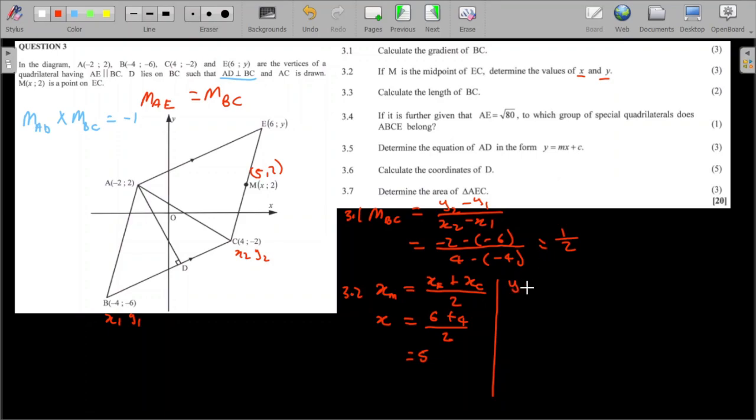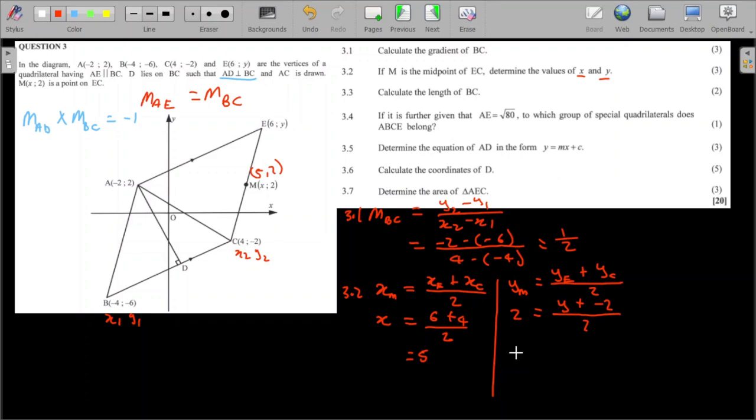Looking for y now, same thing in terms of the midpoint. The y of M is equal to the y of E plus the y of C, all over 2. The y of M is 2, and then y of E is just y, plus the y of C which is -2, all over 2.